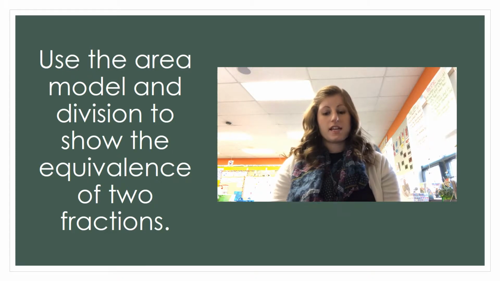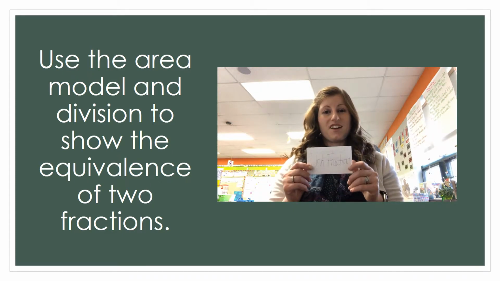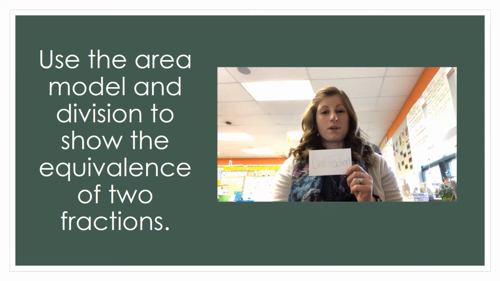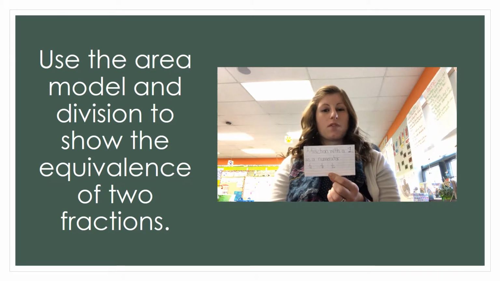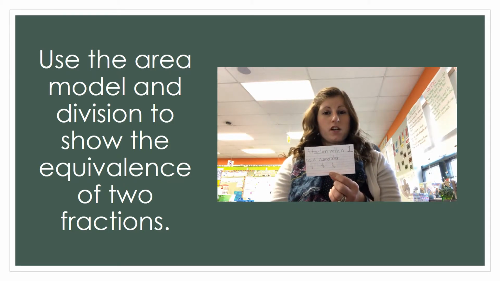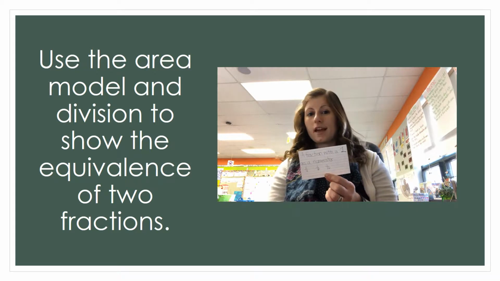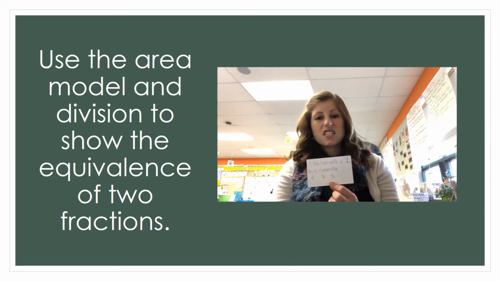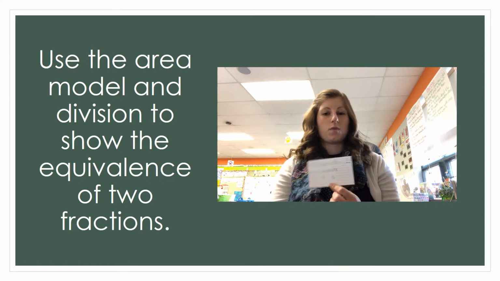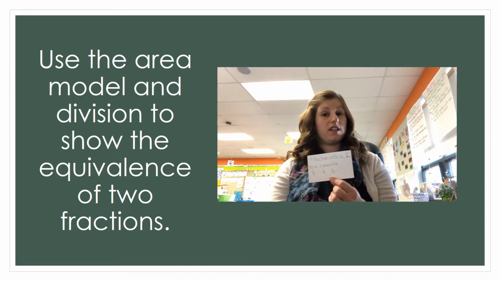The vocabulary word we're going to need to know to complete tonight's homework on Module 5 Lesson 9 is unit fraction. This is a vocabulary word that we've talked about before, but as a reminder, any unit fraction is a fraction with a 1 in the numerator. It could be 1/4, 1/6, 1/18, 1/16. Any fraction with a 1 on top is the unit fraction.